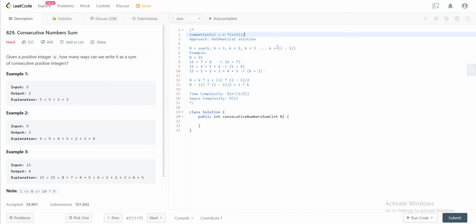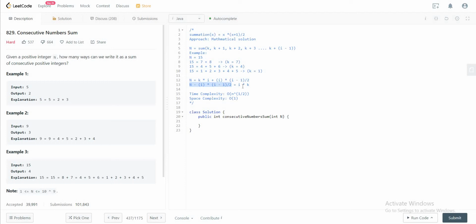And since we have i minus 1 here, that would be i minus 1 multiplied by i minus 1 plus 1, so i, divided by 2. And if you were to rearrange this formula, you have this term that comes to the left hand side, and on the right hand side you have i multiplied by k.